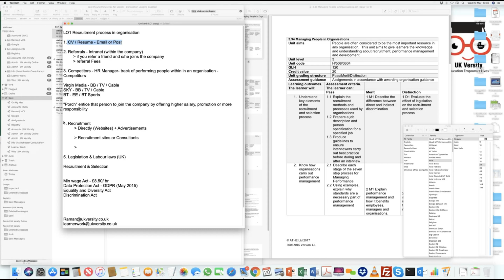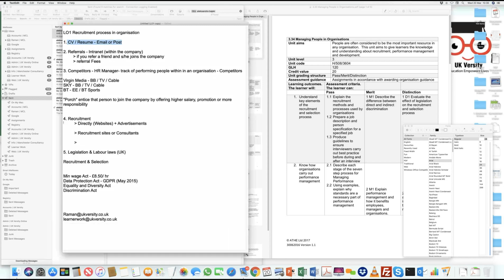Then we looked at how, once the shortlisted candidates are selected, they get a job description and a contract, get into the company, get inducted, and then go through a period of probation. Once they are past that probation, or trial period as we call it, they become permanent employees of the organization.